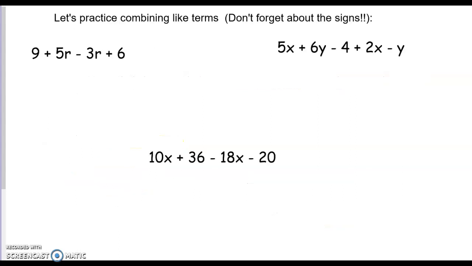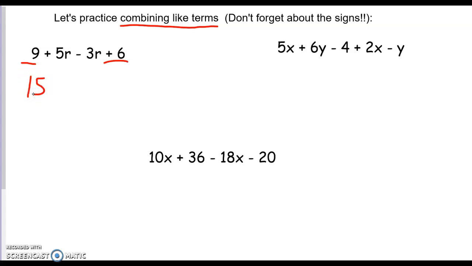All right, now let's practice combining like terms. And remember, you have to think about positives and negatives when you do this. Okay, so these don't have any parentheses. We're just going to combine like terms. Make sure you include the sign in front. So, for example, on the first one, I have a constant 9, and I know I can combine that with plus 6. 9 plus 6 gives me 15.